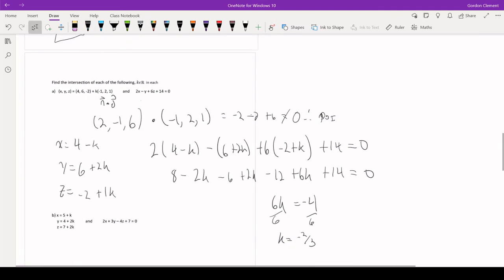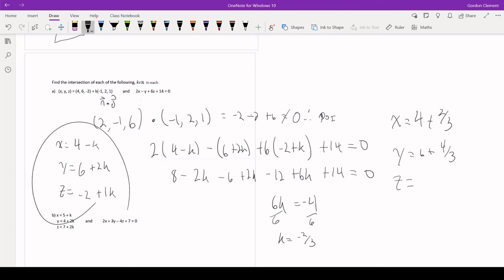And once we know k, the easiest thing to do is get the point from the parametric equations of the line. So 4 plus 2/3 for x, 6 plus 4/3 for y, so just plugging k into the x, y, z over here, negative 2 plus 2/3.